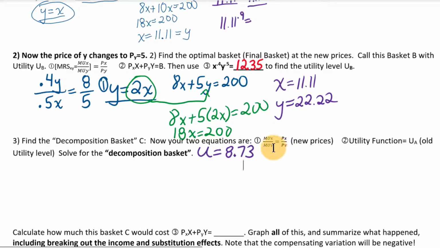Now, since we're talking about the marginal rate of substitution, and that is just 0.4y over 0.5x, and the new prices after the price change are the ones we're looking at, then really what we're talking about is just exactly the same equation that we had up here, equals 8 over 5.